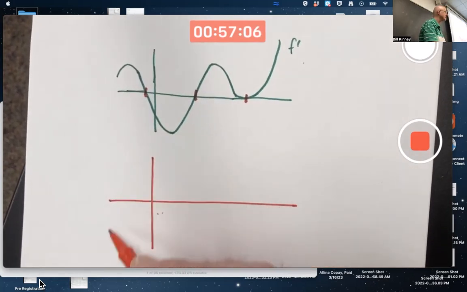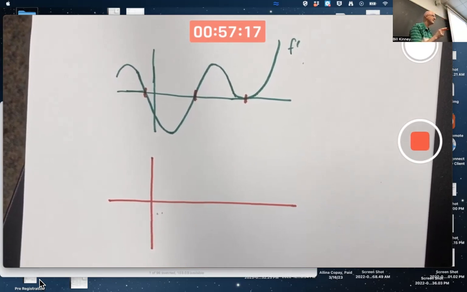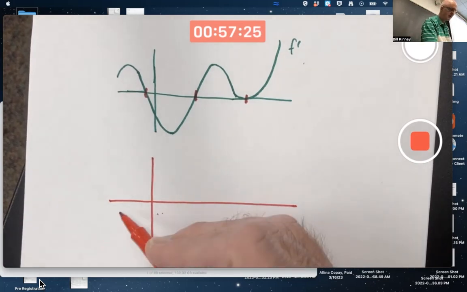How high should I start? The answer is, it's up to you, because there are infinitely many f's that can work. They are all vertical translations of each other. They all have the same slopes at every value of x. So it doesn't matter exactly how high you start. I'll start maybe here.